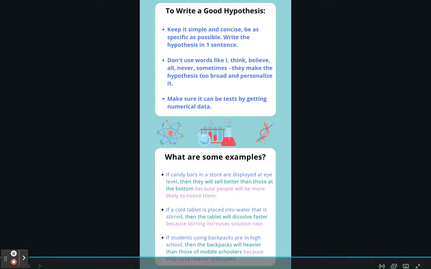Again, my independent variable, which is the only thing that has changed throughout the experiment, is in blue. If students using backpacks are in high school, then in green, my prediction, then the backpacks will be heavier than those of middle schoolers. In purple, my researched reasoning is because they have heavier textbooks.